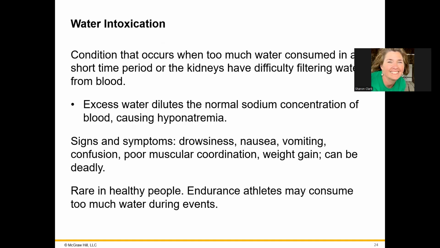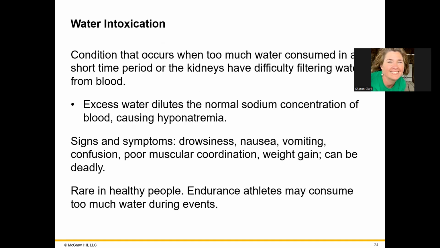This is where it gets into some of the higher physiological aspects of water intoxication. But for the normal person, it's very hard to occur because we just don't drink quite that much in a short amount of time like that.